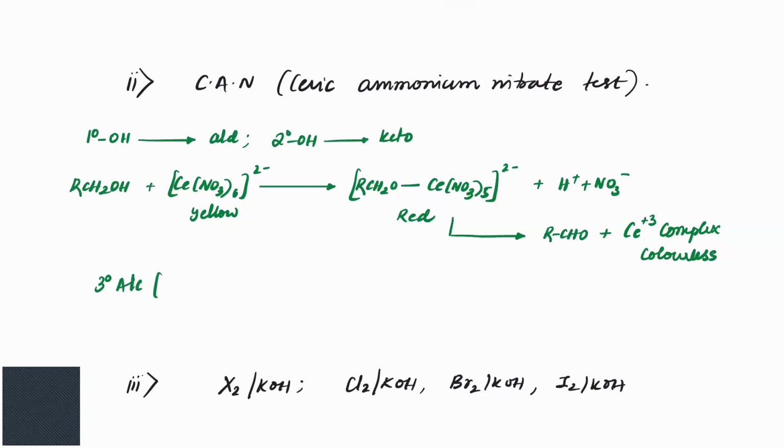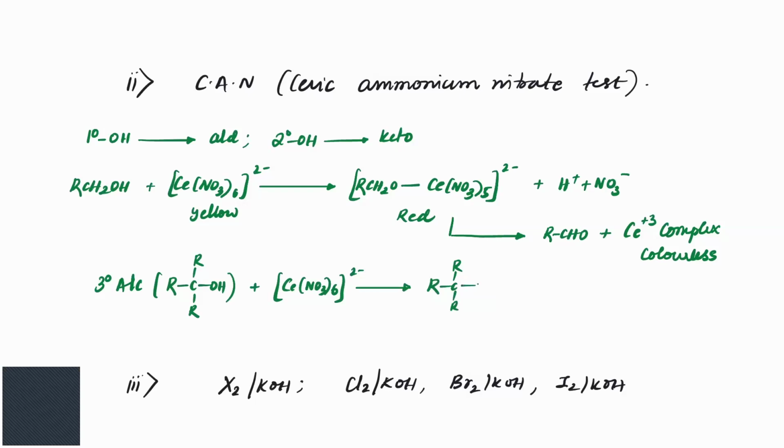3 degree alcohols like R3C-OH, when you react with this CAN test here, Ce(NO3)6 2 minus, in that case, it will form a complex and after that, nothing will change.